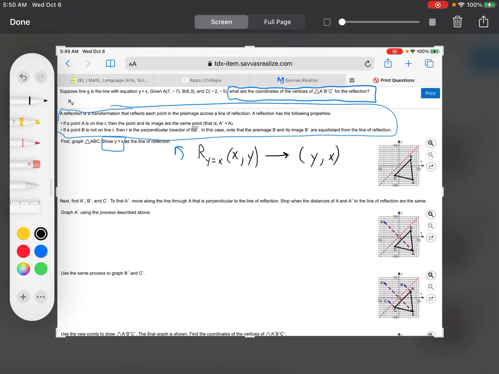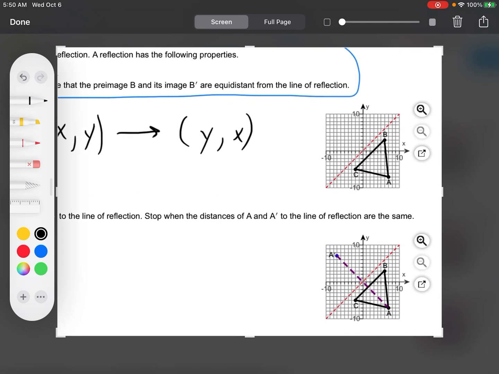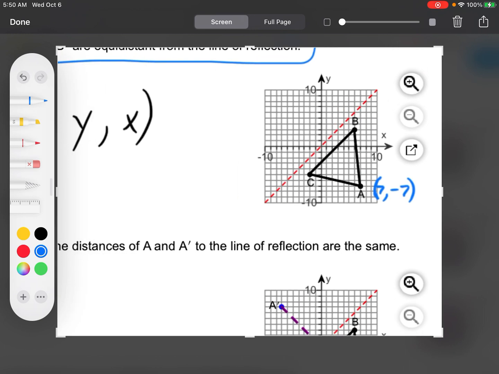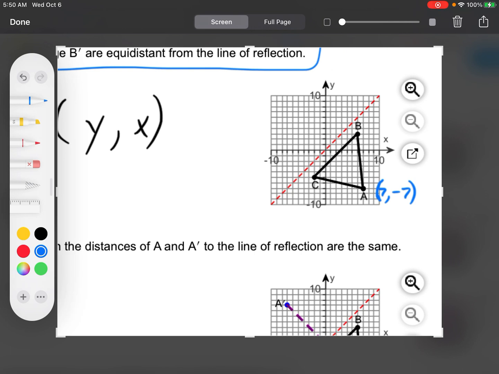So for example, if you look at the coordinates of A, the coordinates of A are 7 comma -7. I mean, it's not a perfectly bad example, but. So the coordinates of A prime, after you reflect across this line y equals x, by the way, this is the line y equals x.